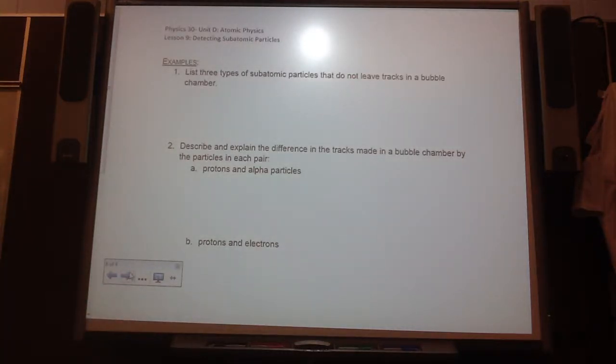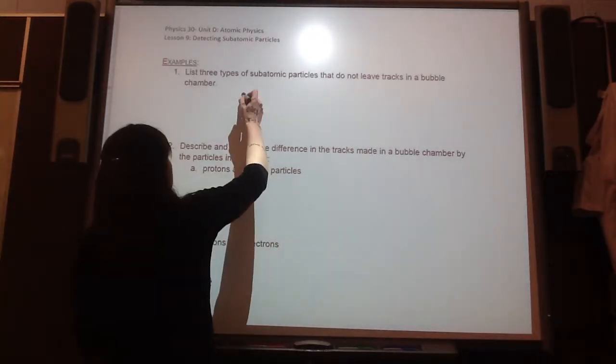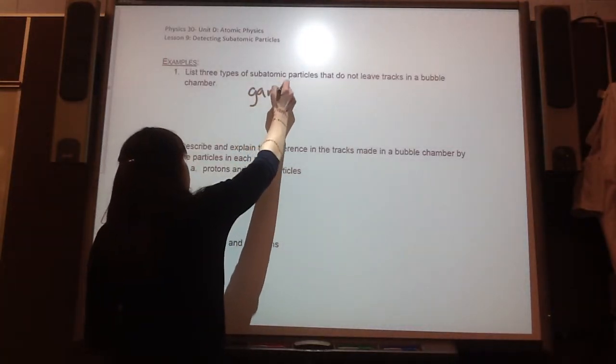So let's go through what this would look like. There are no calculations really involved in this lesson. So, three types of subatomic particles do not leave tracks in a bubble chamber. We already talked about one, the gamma.